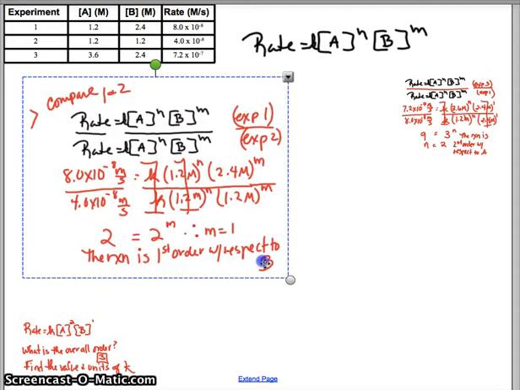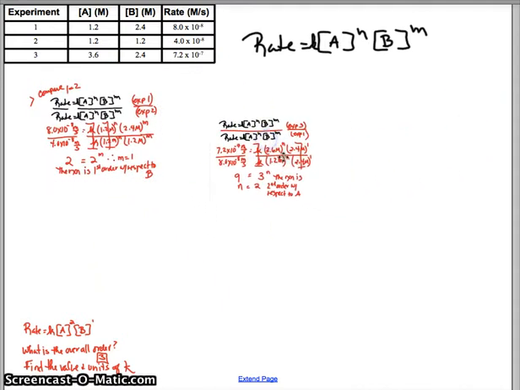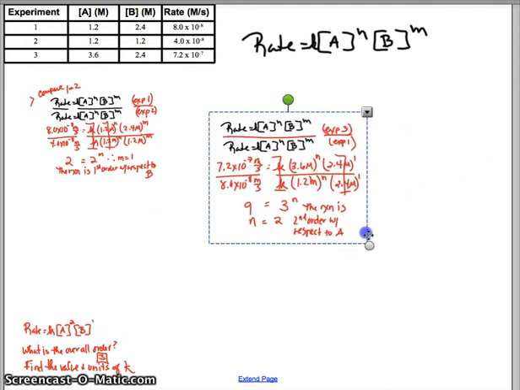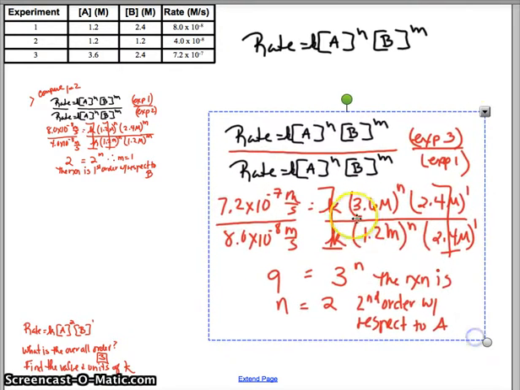Secondly, we're now going to compare experiments 3 and 1. When we compare experiments 3 and 1, you will notice that the concentration of B remains constant.